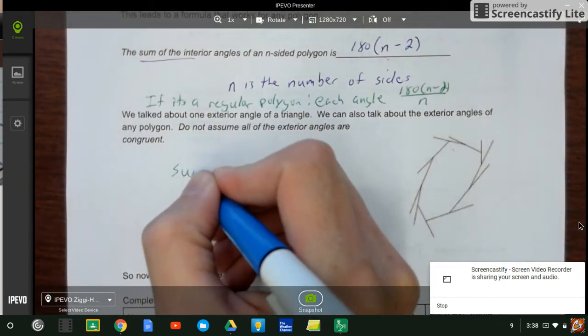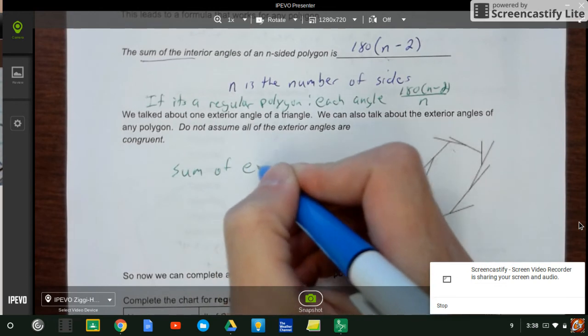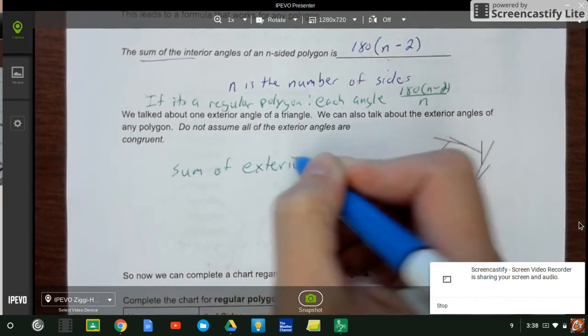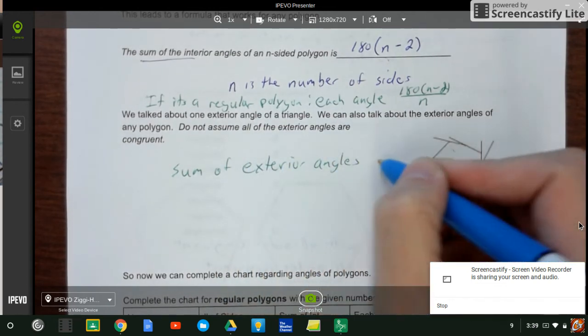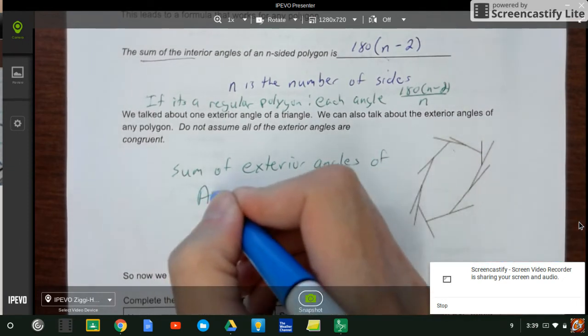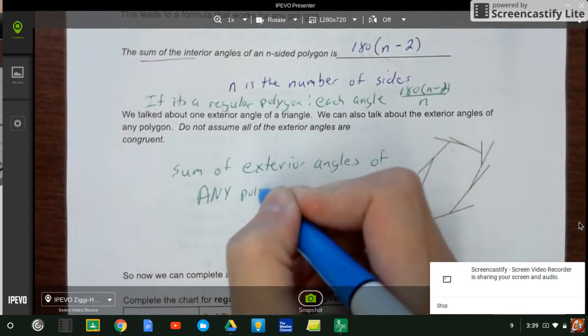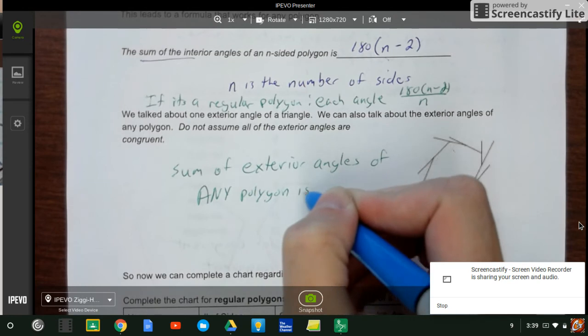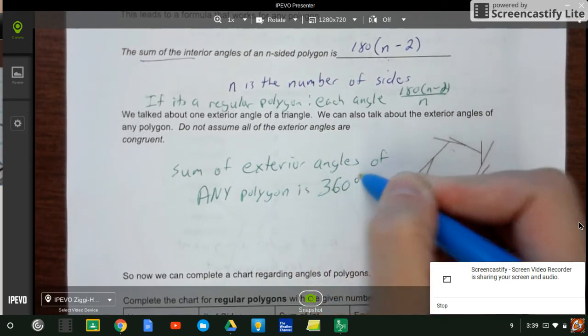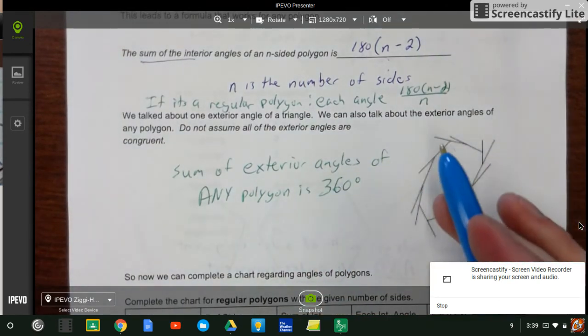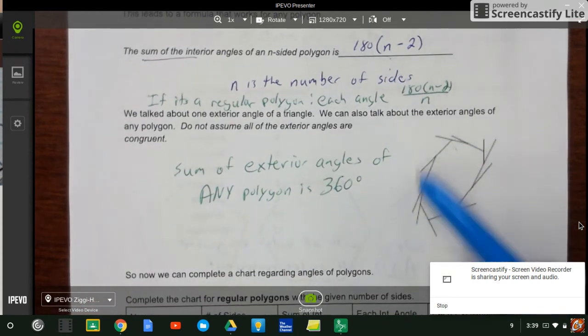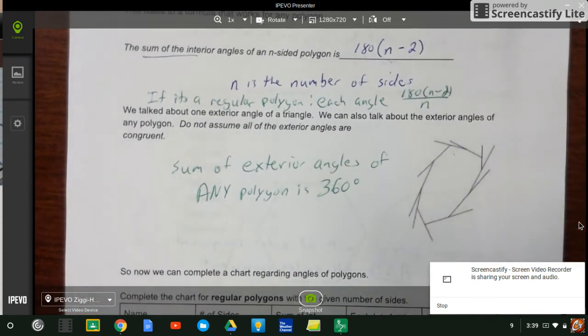The sum of the exterior angles of any polygon is 360 degrees. No matter how big the polygon is. Triangle, 360. Decagon, 360. They're all the same.